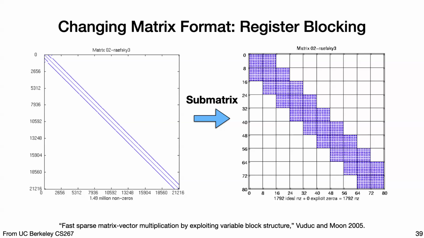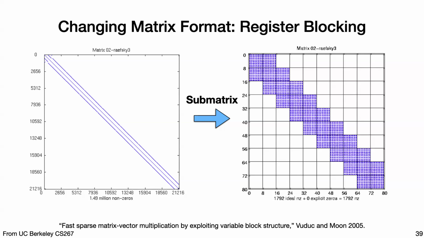So this matrix has diagonals, but it's not just any arbitrary diagonals in the whole matrix. Actually, they are in these nice blocked forms. So here, it seems like they're in these 8x8 blocks. They just happen to naturally fall that way.